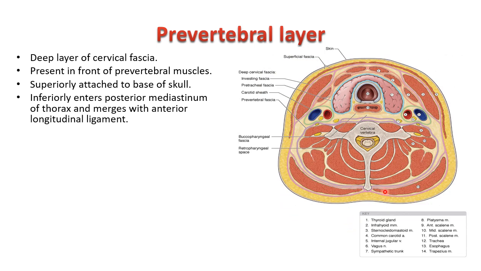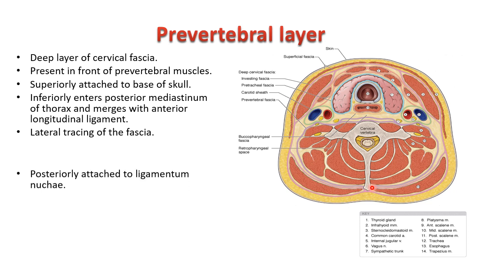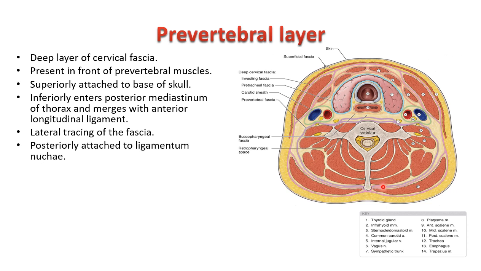In a cross section, you will have a better idea about this prevertebral layer of deep cervical fascia. Posteriorly, it is attached to the ligamentum nuchae, and from there passes deep to the trapezius muscle. So this inner layer you are able to see passing deep to the trapezius.